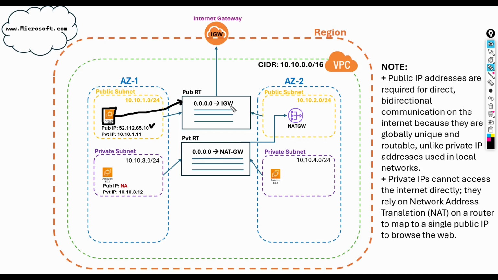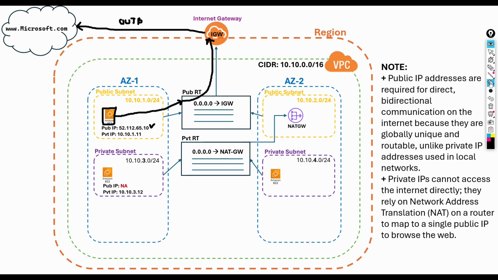If there is a route towards the internet gateway, it will send this traffic towards the internet gateway, and from the internet gateway it will go out towards Microsoft.com, and it will get the patch download. So the direction is from the machine to the internet to access Microsoft.com, hence we call it outbound. This is the outbound direction.